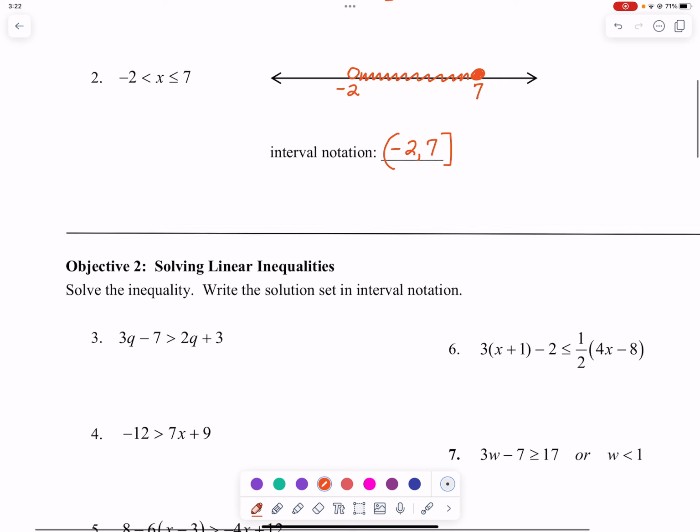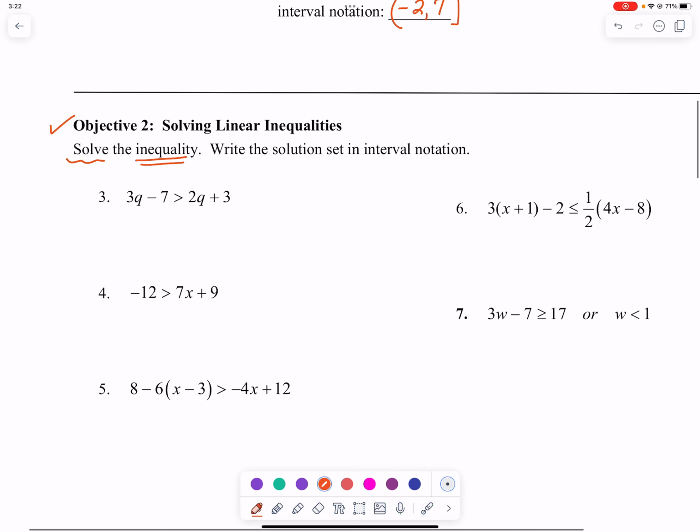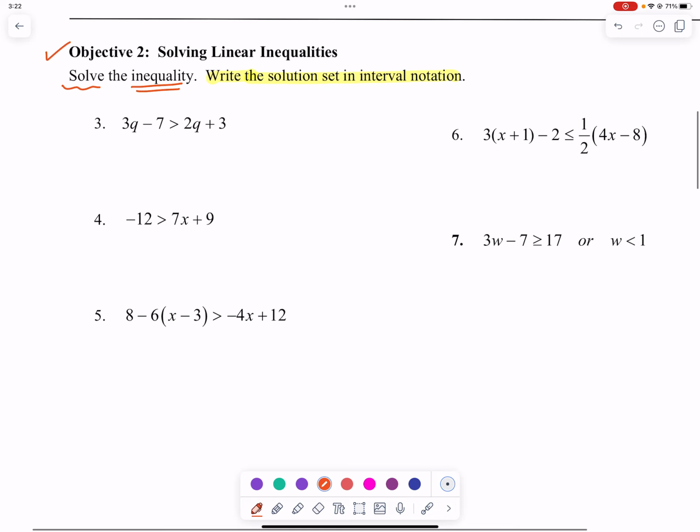Okay, taking a look at objective 2, here we are going to be solving inequalities, and we will write our solution set in interval notation. So let's begin with number 3.